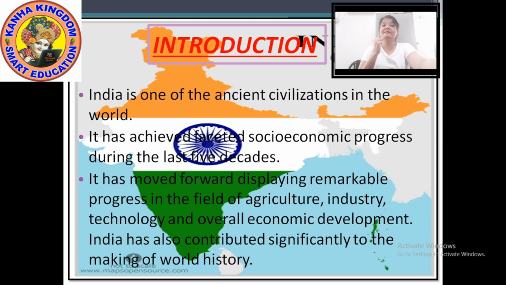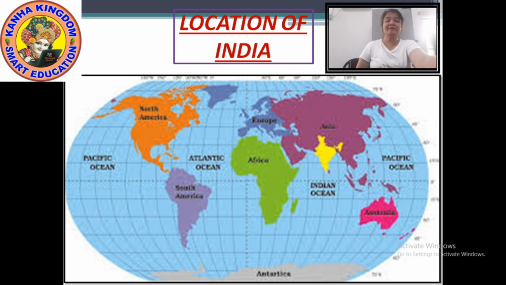Now we can see where India is on the world map. So to start with, first let us locate India on the world map. Look at the map and try to locate India where it is right now, the one which you see on the screen.